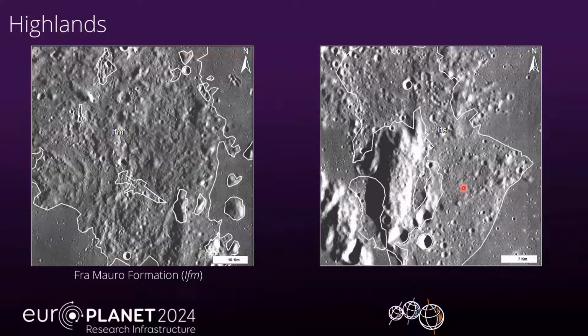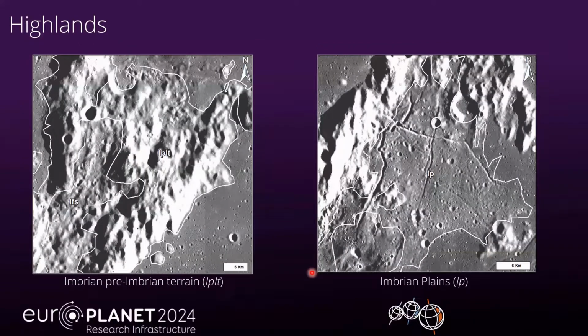Here's bumpy and higher albedo, higher elevation, and then compared with the Fra Mauro, that's even more rugged. Then we've got, for an example, a sort of borderline Imbrium pre-Imbrium terrain, which stands up even higher and is more rugged. And if you had a bigger view of this, you would see that it has more craters on it.